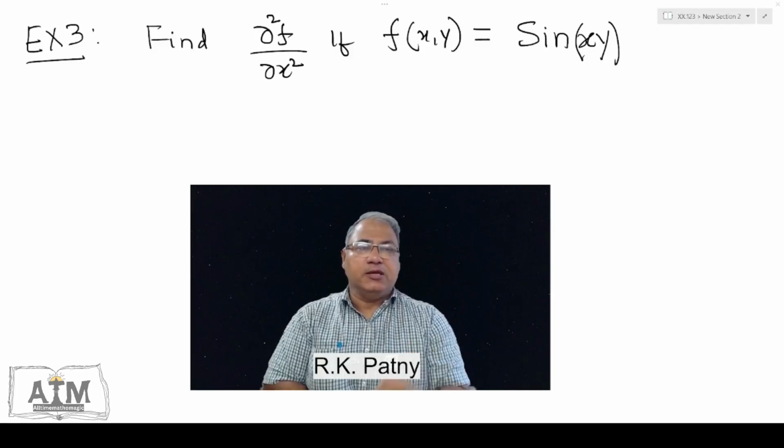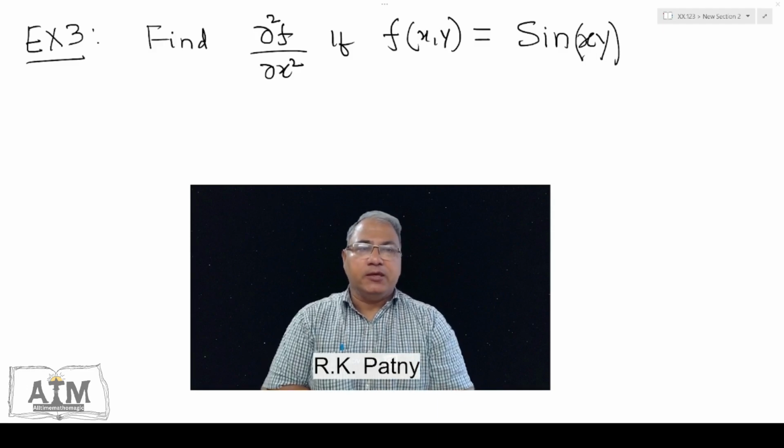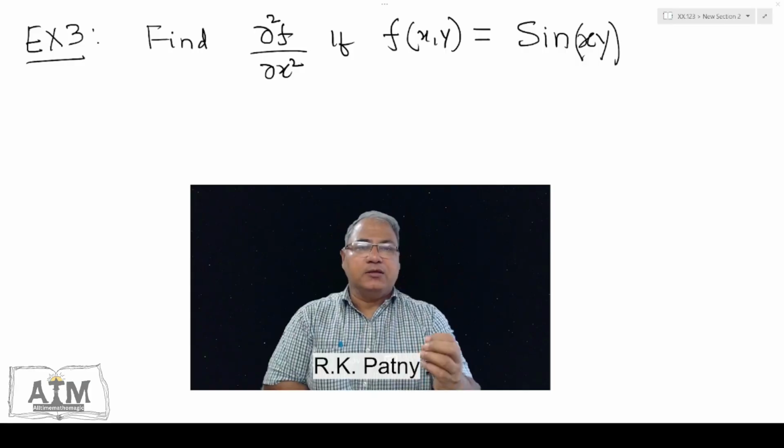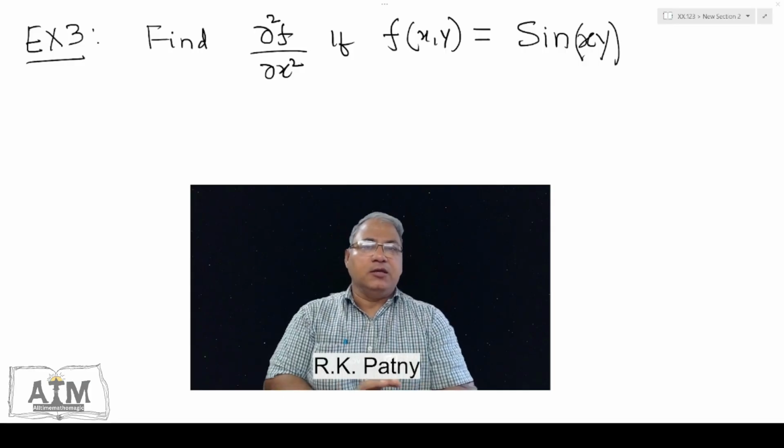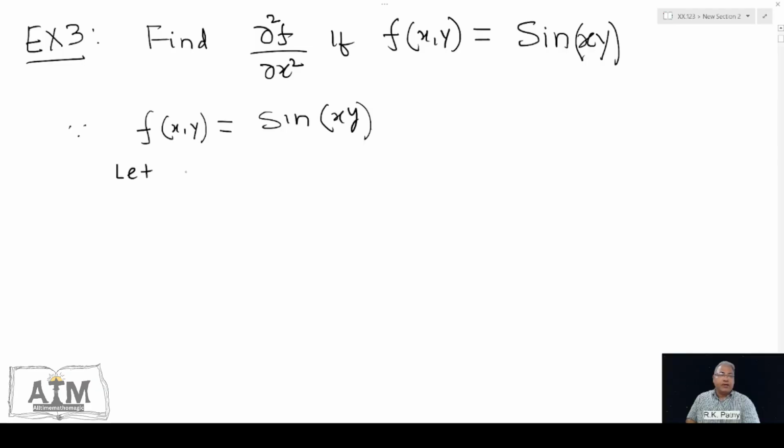For example 3, sine of xy. To find the partial derivative of this function with respect to x or with respect to y, we need to apply the chain rule. So let xy equal u. Therefore, f of xy equals sine u.